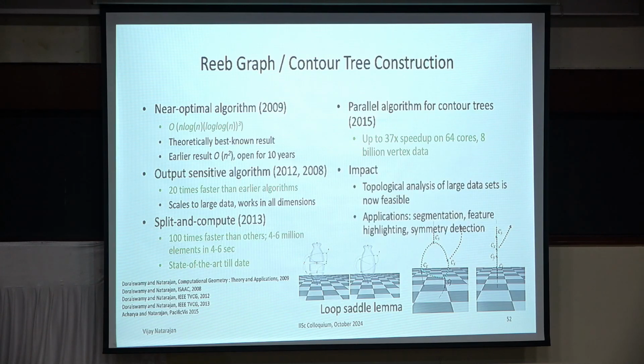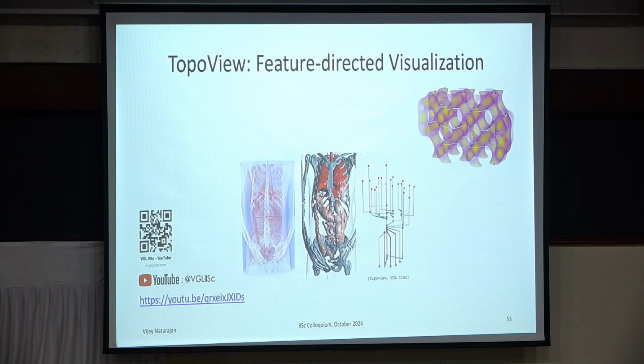So what this essentially meant was one could now extend topological analysis to large size data, because computing the topological descriptor was no longer the bottleneck, and it allowed for different applications. So I will not talk about different applications. I already talked about this application. The tree that you saw on the right is the contour tree, right? So it allows for feature-directed visualization.